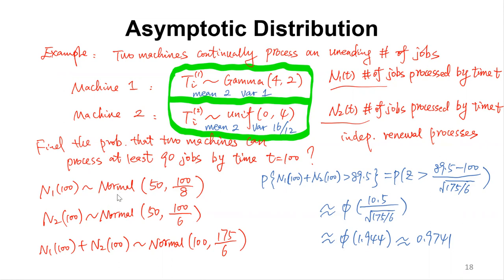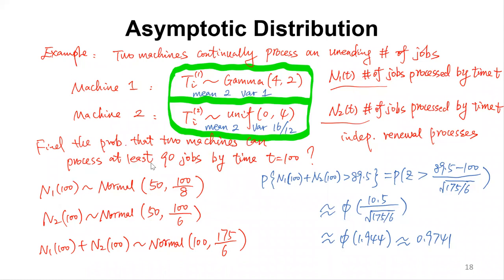If we add these two normal random variables together, N1(100) plus N2(100) is approximately normally distributed. We add these two means together and add these two variances together. So 50 plus 50 is 100, and 100 over 8 plus 100 over 6 is 175 over 6.